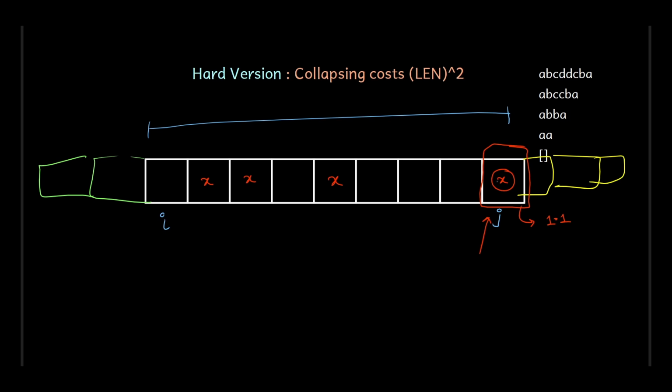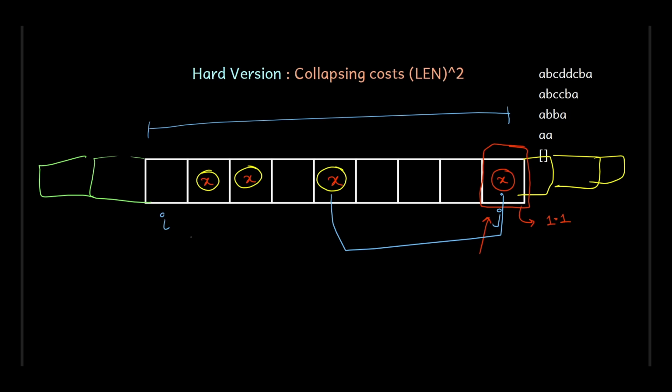So for example, if you decide to collapse this x with this x, there could be more x to the left hand side of it, but all we care is that either this element will be collapsed alone, or there will be at least one element to the left hand side of it. The element on the left hand side could be this one or this one or this one, and so on.